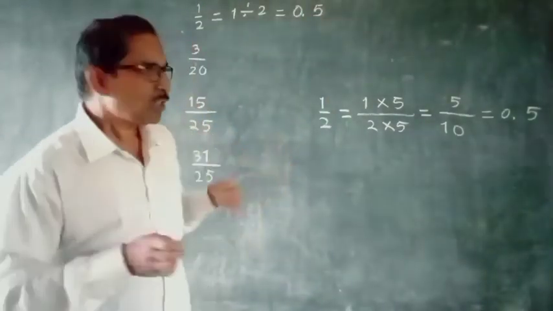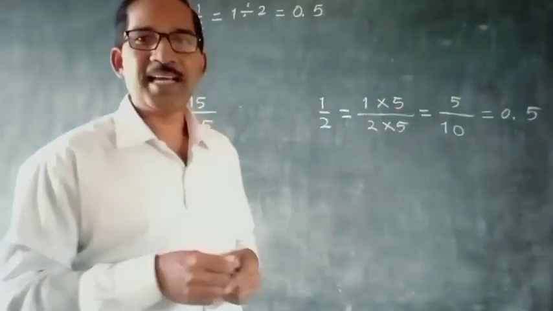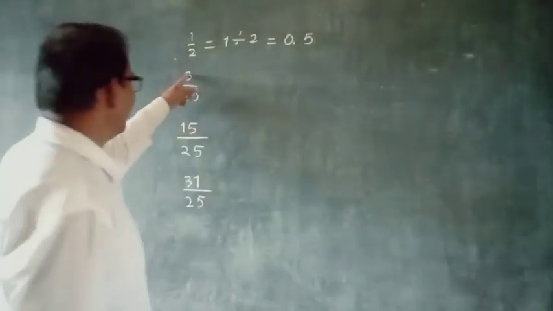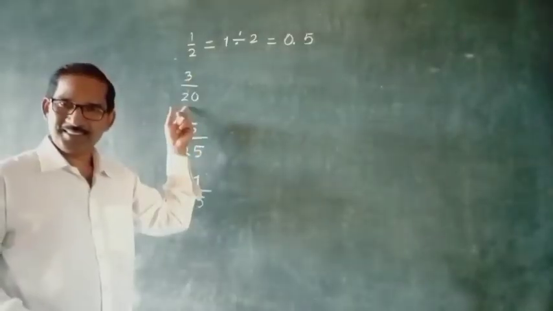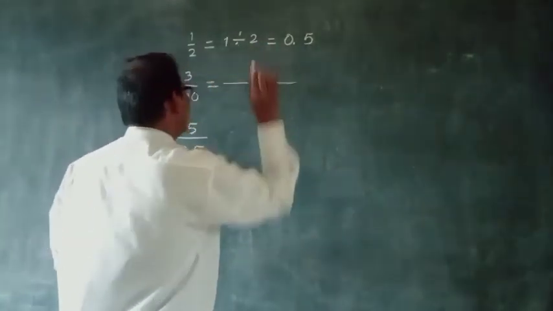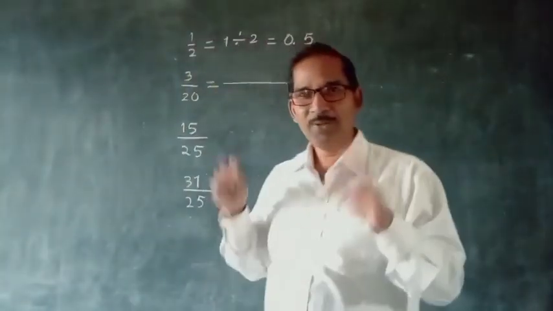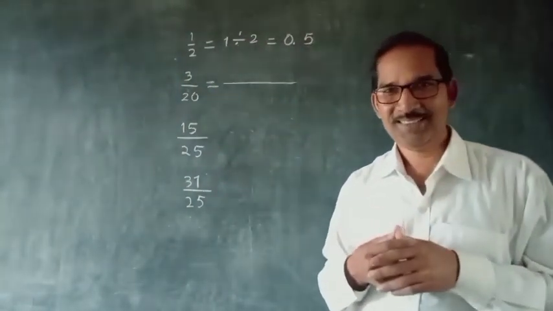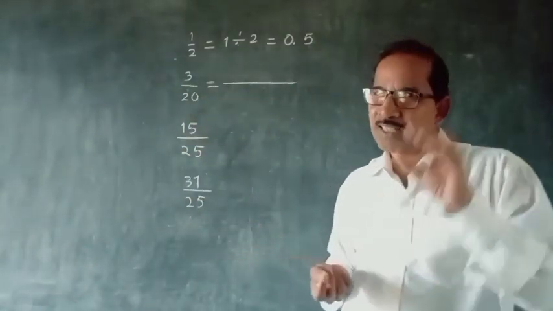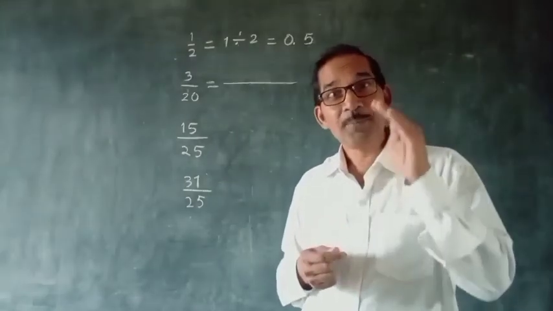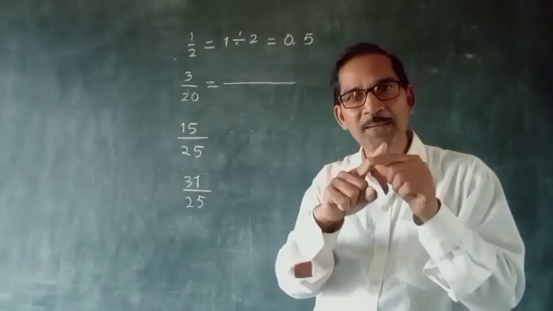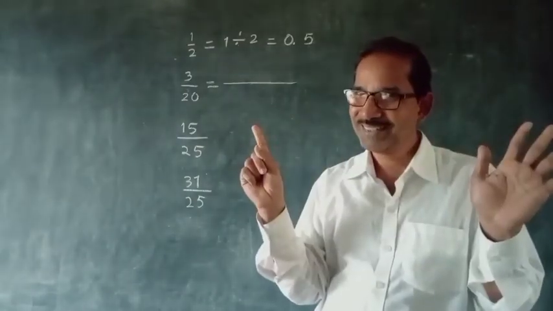Clear? So in this way we can also make other fractions into decimals. Here we see 3 upon 20. In the same way, we have to make 20 a multiple of 10. 20 is more than 10, so the nearer multiple of 10 is 100. If we multiply 20 by 5, it will be 100.